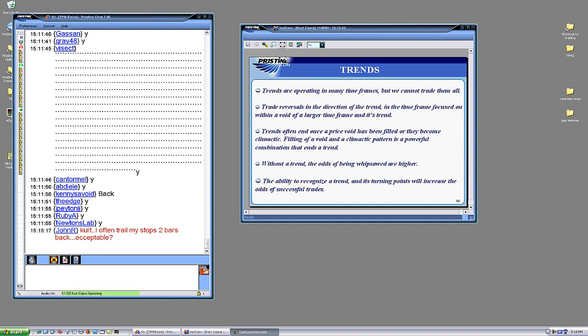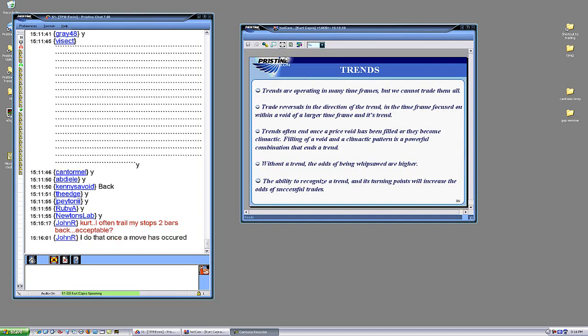I would go to either 1 bar back or even the current bar as it's forming, if you wanted to be really tight with it. But I think it's okay, especially initially. Initially, I think using 2 bars back is really where you want to be. It gives it just enough room to breathe.